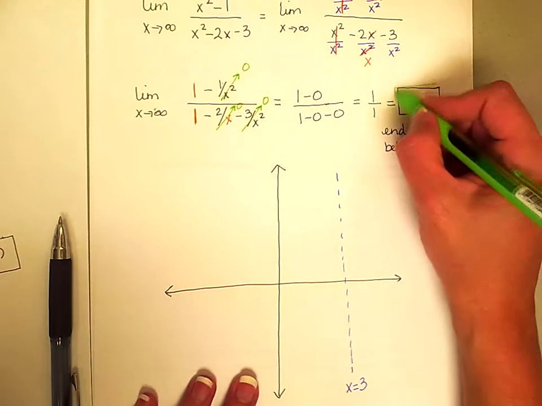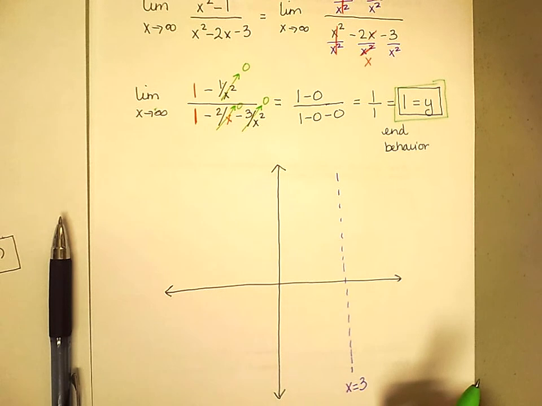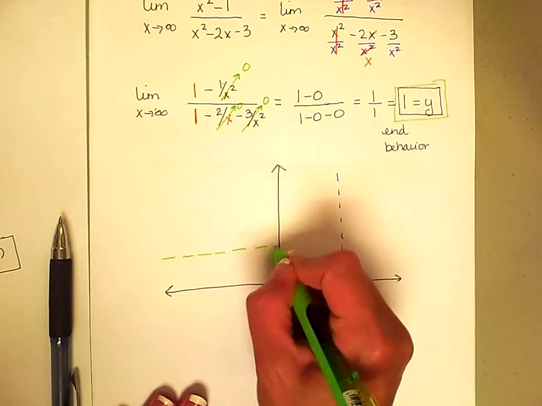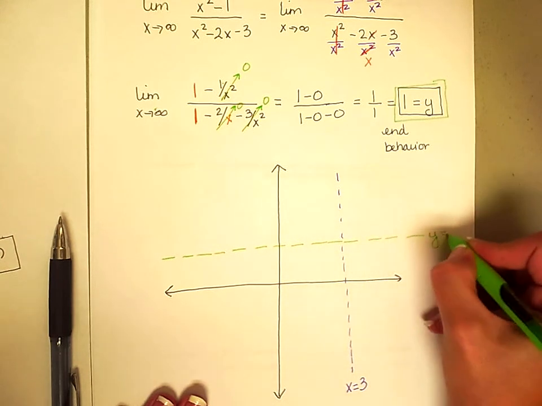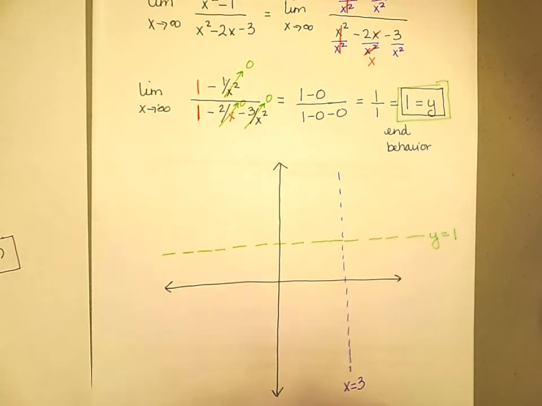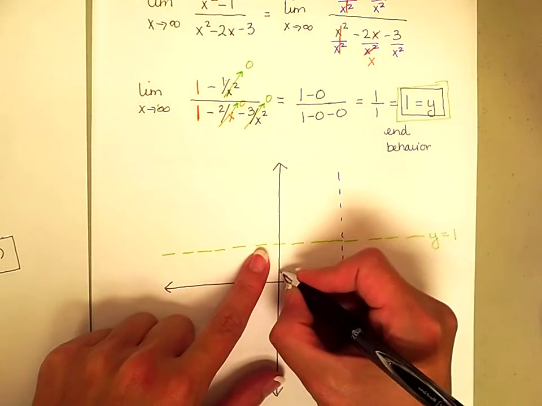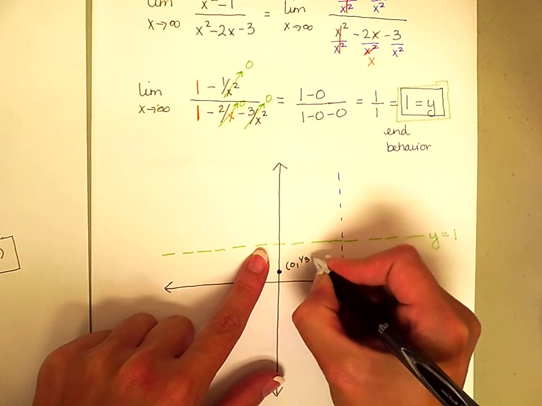We also have from here, our end behavior is that the limit as x goes to infinity is 1, and that gives us a horizontal asymptote. Its equation is y equals 1. We also have a y-intercept at (0, 1/3). So that is below this line.